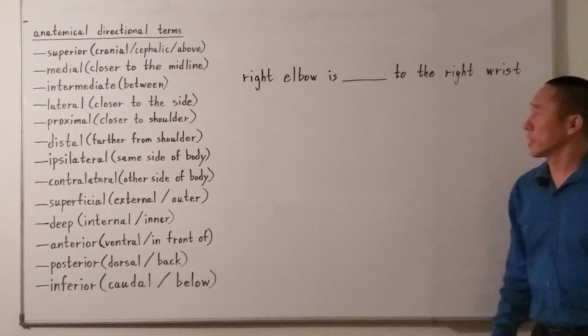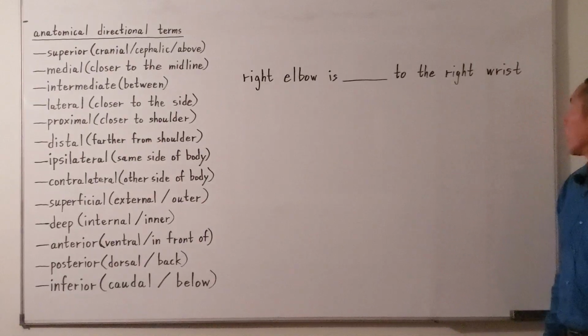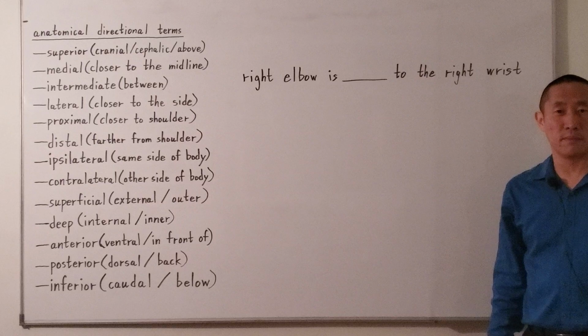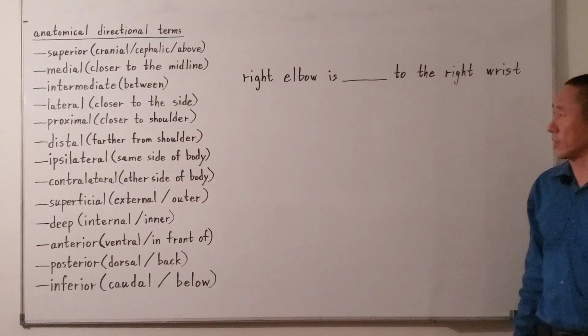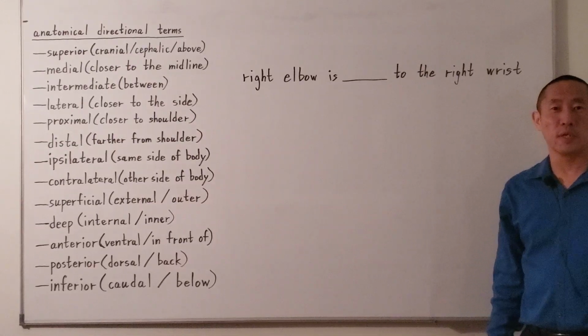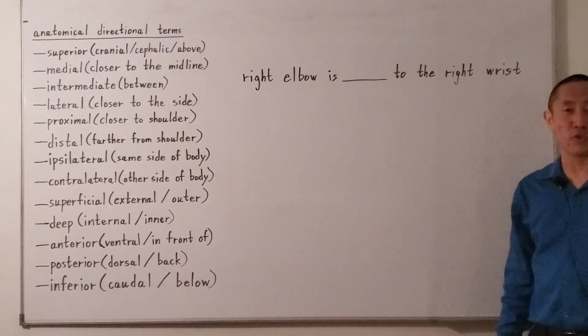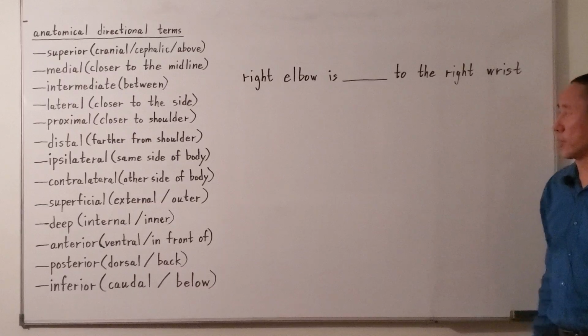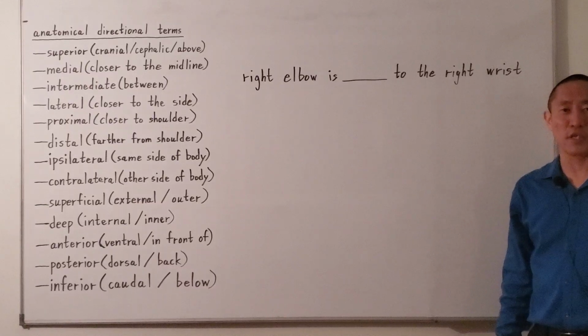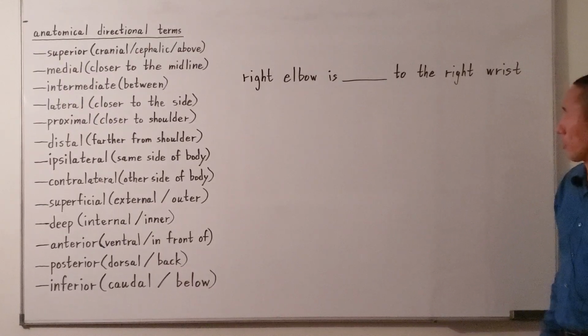Again, notice that both the right elbow and the right wrist are on the same limb. That means we are going to use either proximal or distal. How do we know which one? Again, use the regular terms to describe it first.